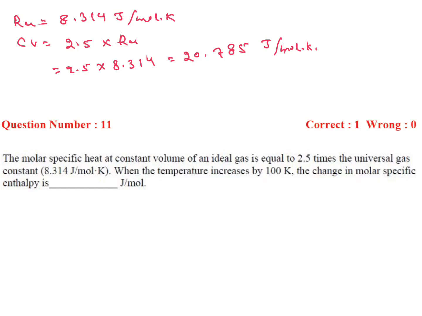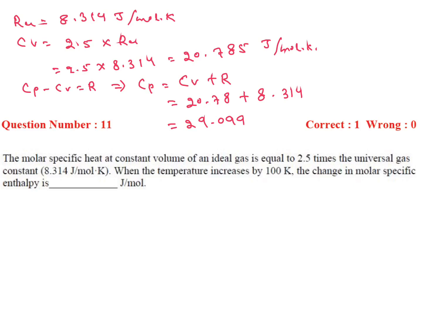Then we have to calculate enthalpy. First we have to calculate Cp. We know Cp minus Cv equal to R, so Cp is Cv plus R. Cv is 20.78 plus R is 8.314, you will get 29.099.